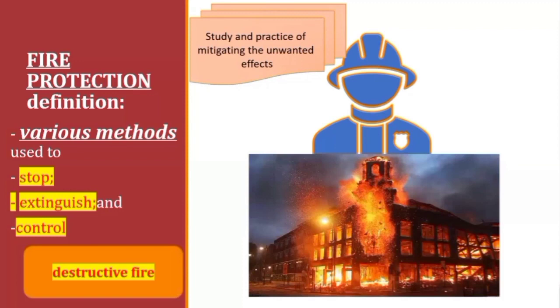Fire protection refers to measures taken to prevent fire from becoming destructive, reduce the impact of an uncontrolled fire, and save lives and property, especially when there are people inside the building.